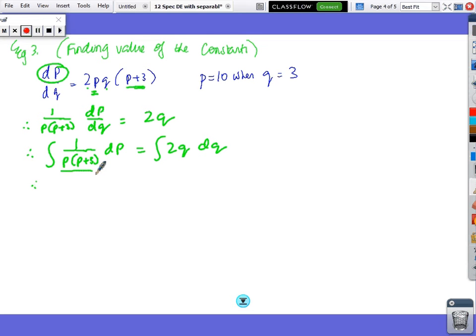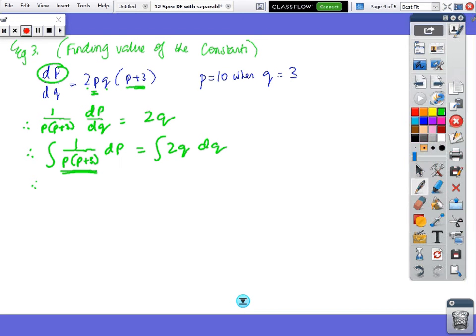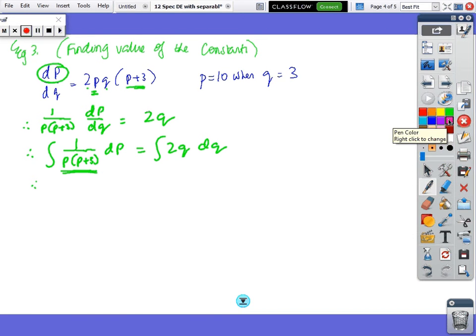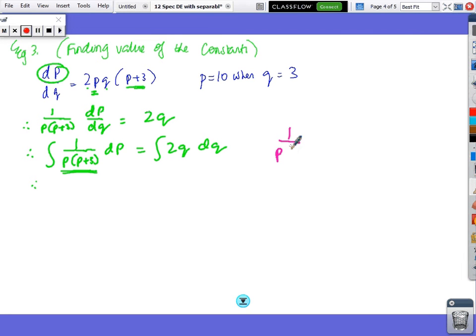Then we need to recognise that this is going to be a partial fractions question, so we need to do a separate calculation to break it up. 1 over P plus 3 equals A over P plus B over P plus 3, which equals A times P plus 3 plus B times P, and that will be equal to 1.